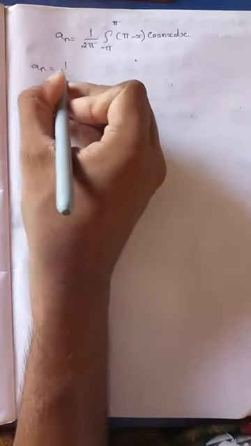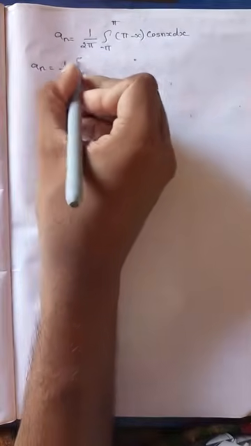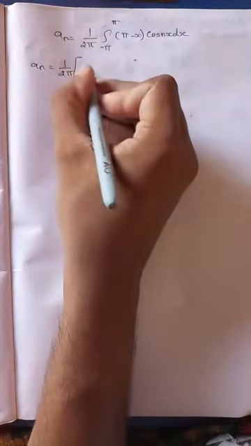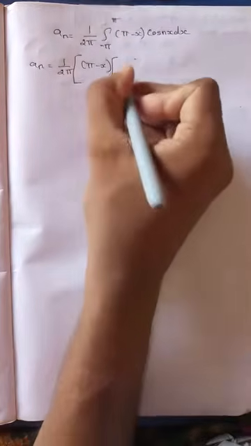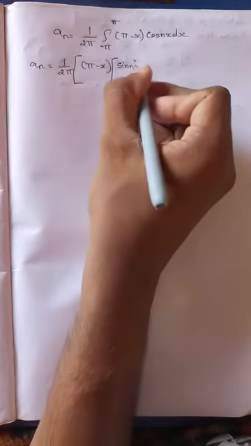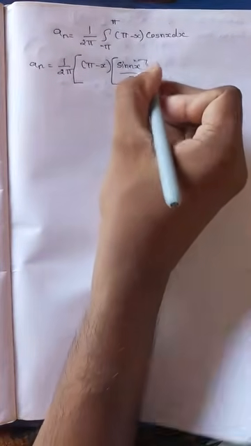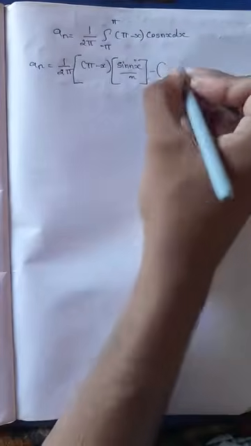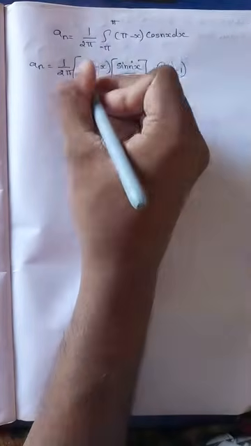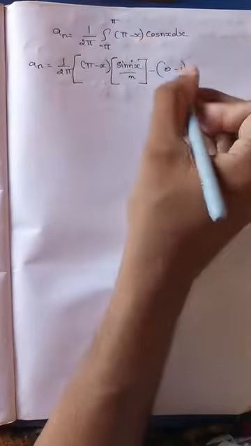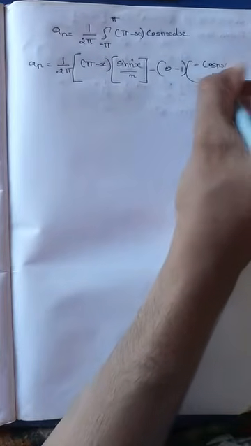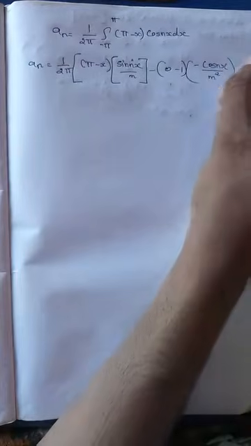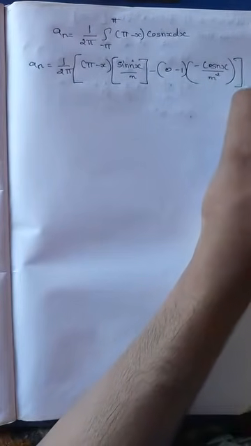So there are two functions, right? The Bernoulli's rule goes like this. First function into the integration of second function, minus the differentiation of first function, differentiation of pi is 0 and x is 1, into the integration of the integrated function, that is minus cos nx by n square.